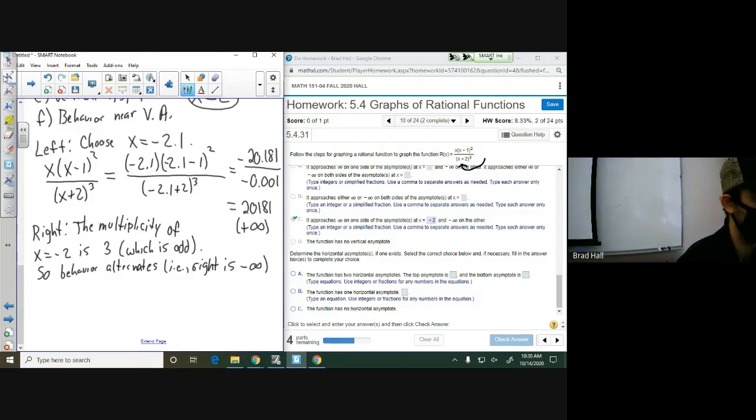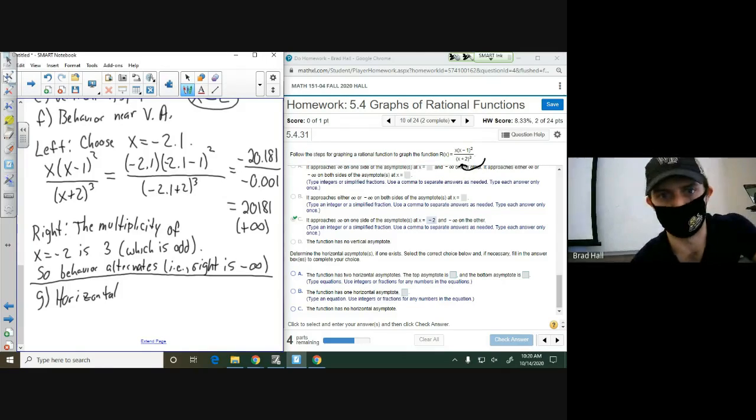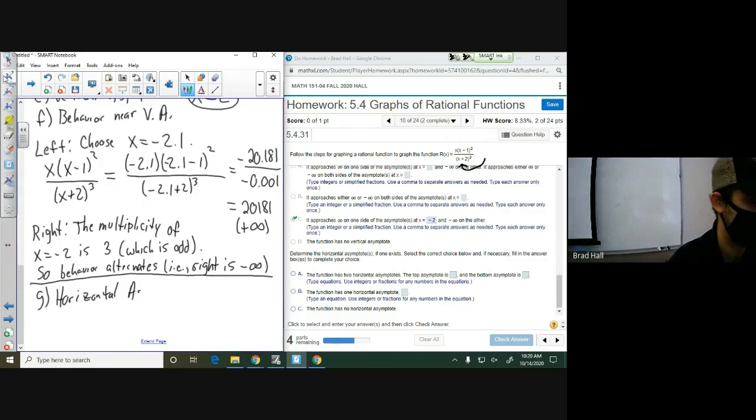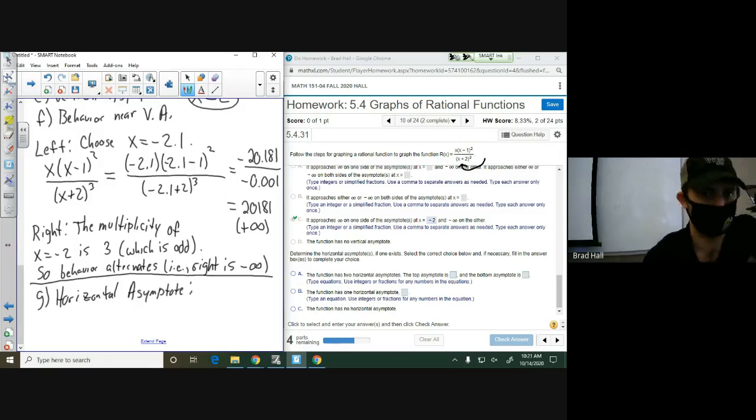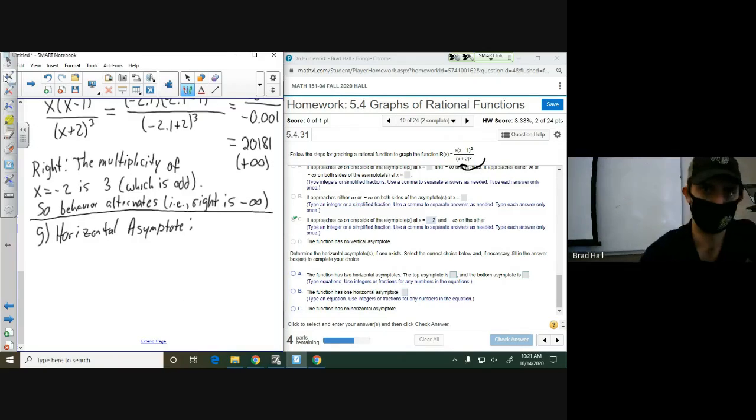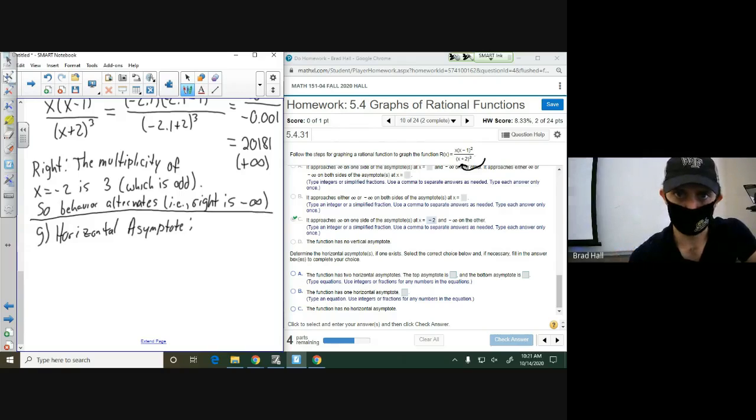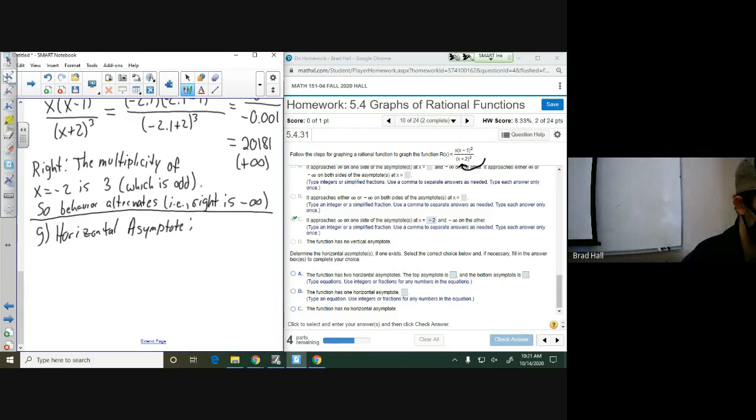Let's move on to part G, which is determining the horizontal asymptotes. Really, there's generally always just one in this class. And this comes down to the degree of the numerator and the denominator.